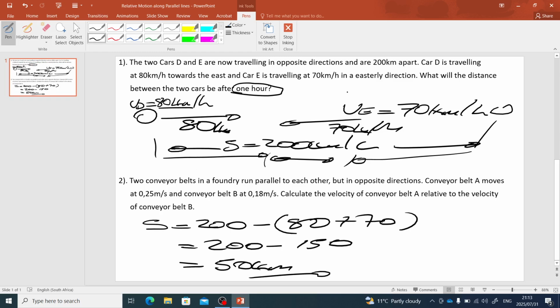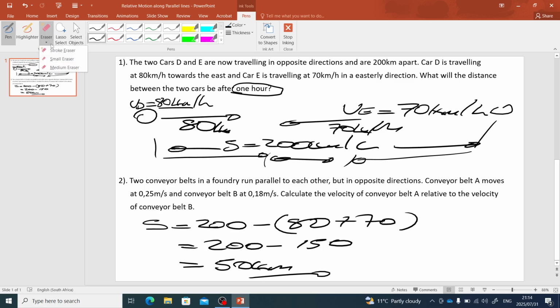As per the question, that is the distance between the two cars after an hour. I hope this answers your question, as you requested me to look into this question, Galagoons.